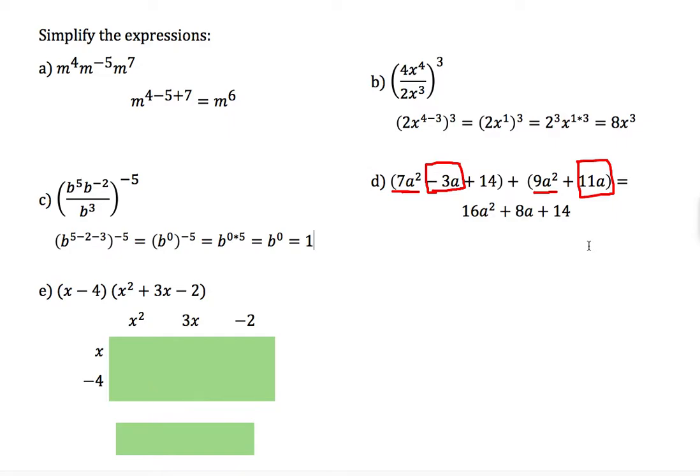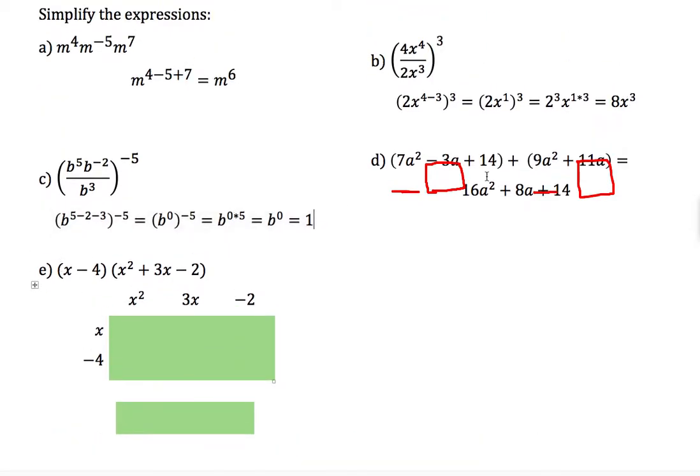Okay. All right, this one, simplifying the expression. Again, we can either FOIL or box anytime we have a situation where we have binomials, or in this case, a trinomial multiplied by a binomial. But boxing helps tremendously with this.